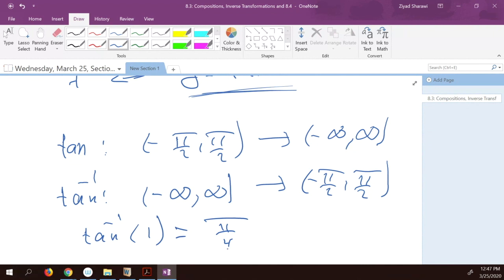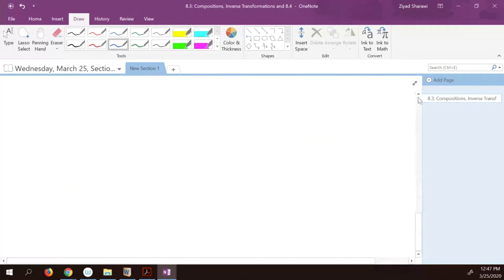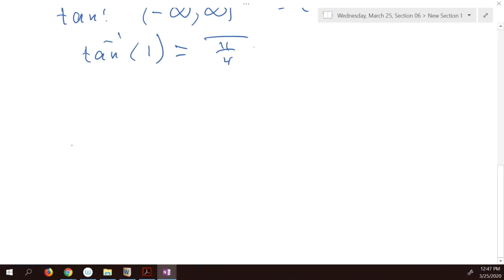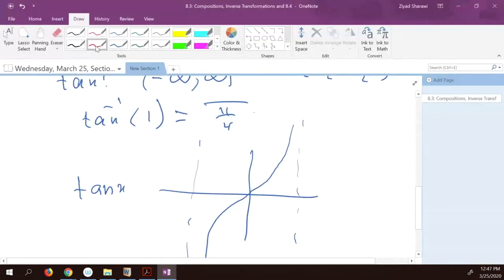So the composition of functions, one-to-one functions, and the inverse of an invertible function. Okay, so basically here you need your function to be one-to-one. And in that case, you can talk about the inverse.